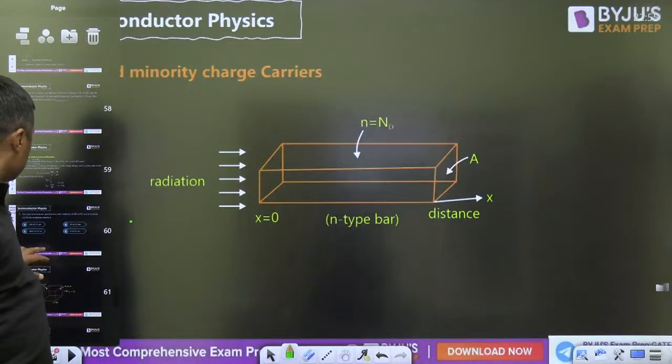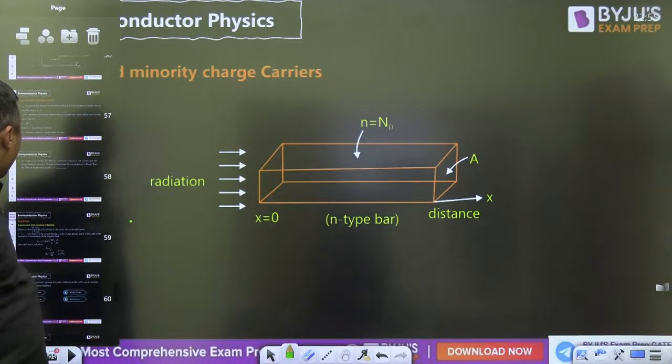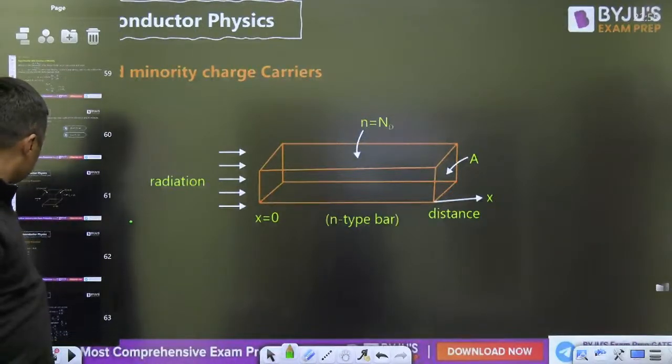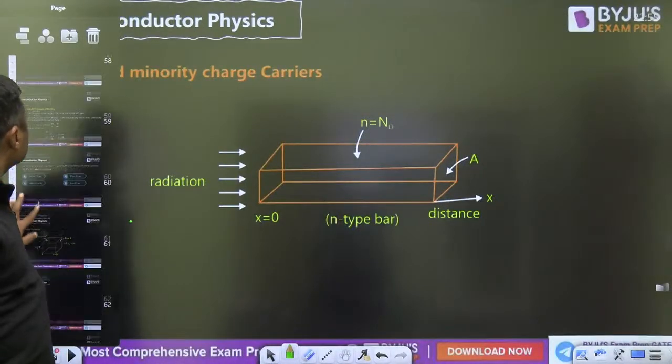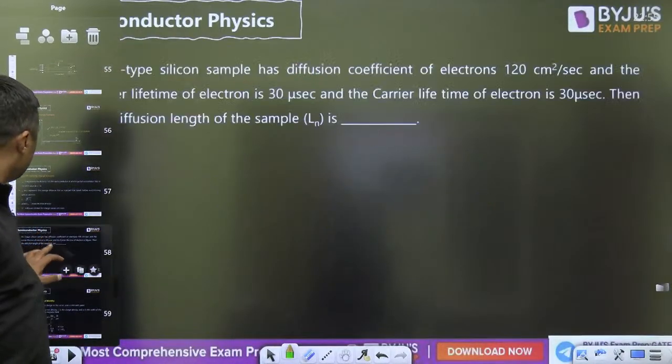One minute. Where is the question here? Okay, so you have to solve this type of questions on minority carrier injection.